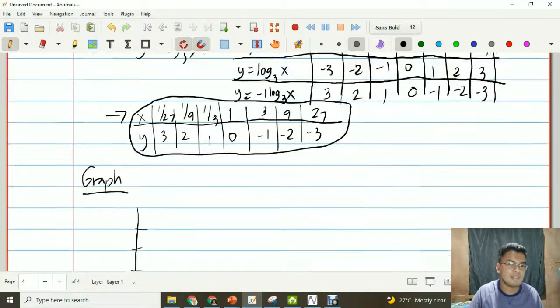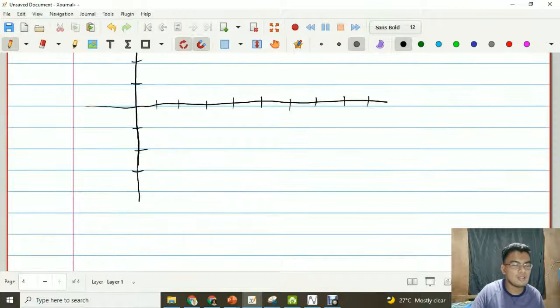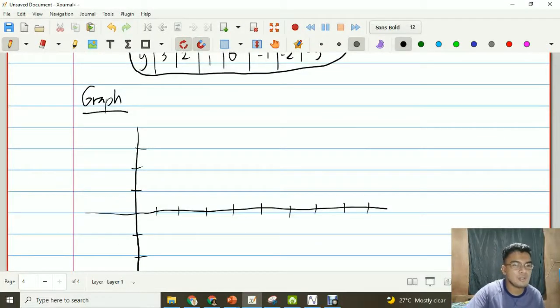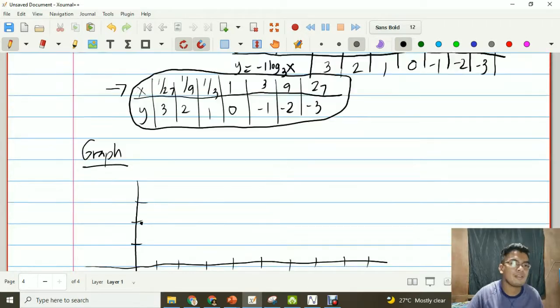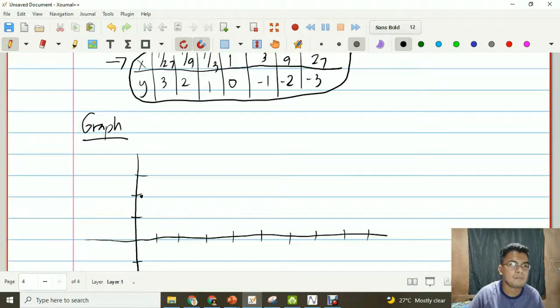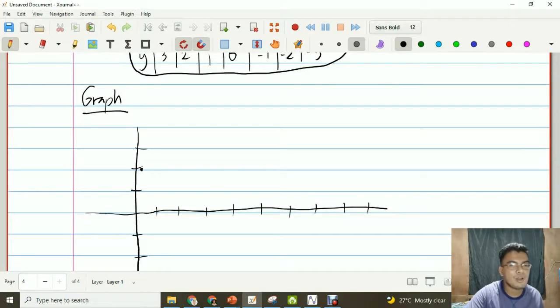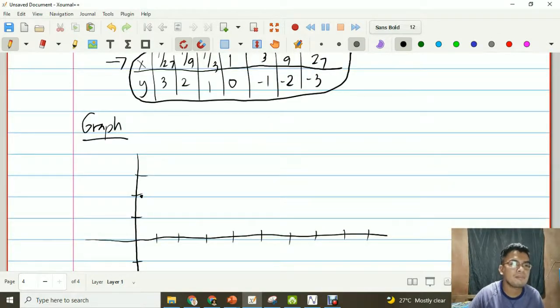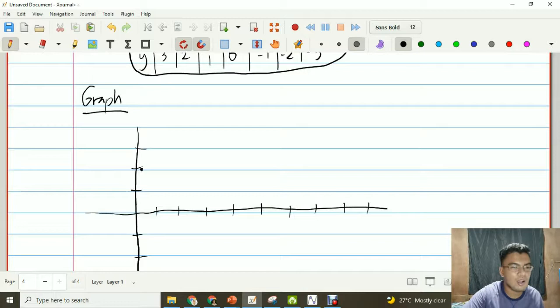So, if x is 1 all over 9, then y will be positive 2. So, sa taas naman tayo. If x is 1/3, then y will be positive 1. So, sabihin na natin nandito siya.